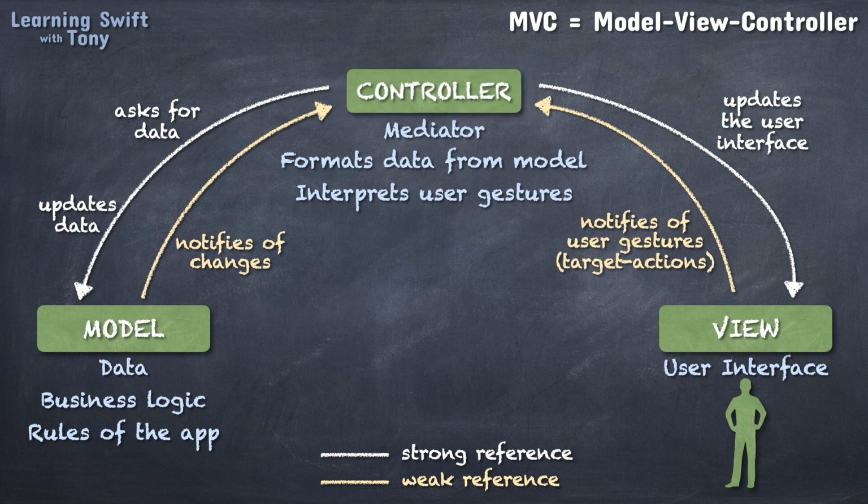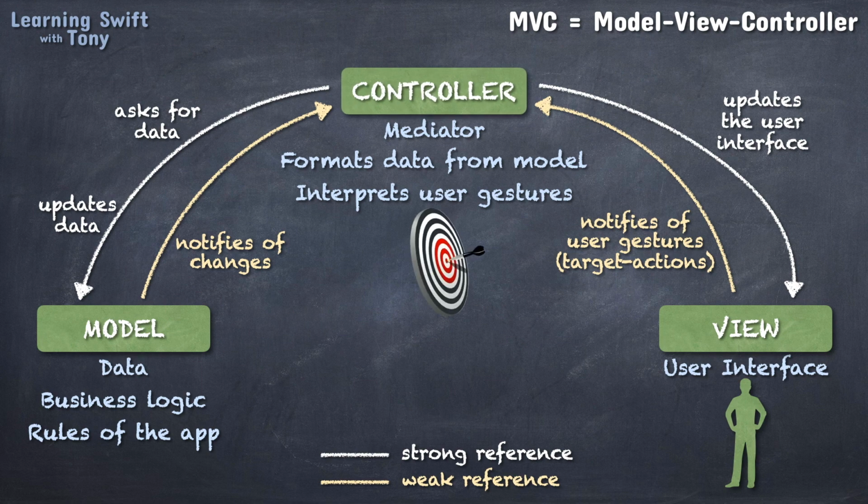The controller, which knows everything about the view, sets itself as a target for these actions, specifying which action or piece of code to execute when the user event takes place. But the view will send these notifications without knowing anything about the object receiving them. Therefore, again, we have a weak reference back to the controller.